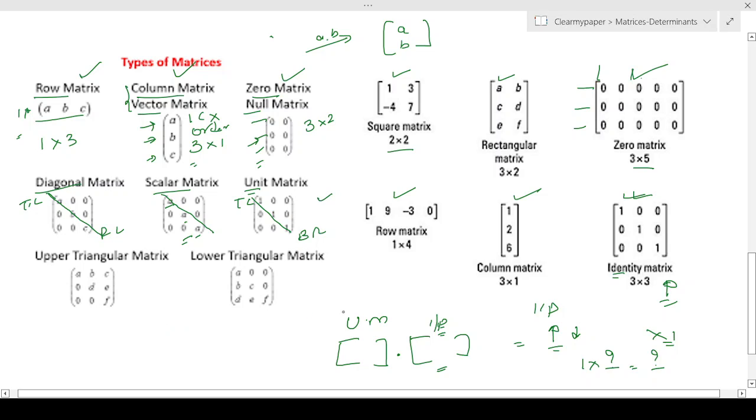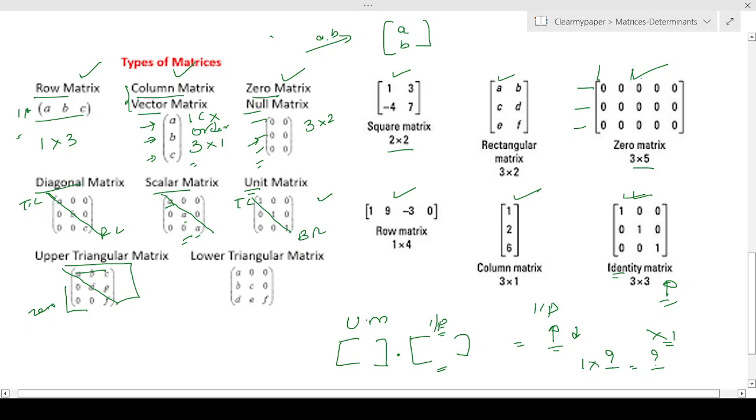The last two matrices are upper triangular and lower triangular. As the name implies, if you see here, upper triangular gives the shape of an upper triangle. The diagonal and the elements on top of the diagonal are non-zero, whereas the lower side is 0. So the numbers across the diagonal and on the upper side of the diagonal are not 0, and it gives the shape of a triangle.